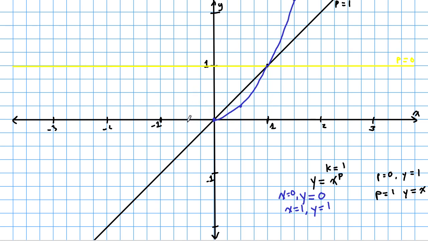Now what about negative? When we have negative 1/2 and we square it, we'll get positive 1/4. Because it's an even power, the sign goes away. At negative 1, we'll have 1, because negative 1 times negative 1 is 1.